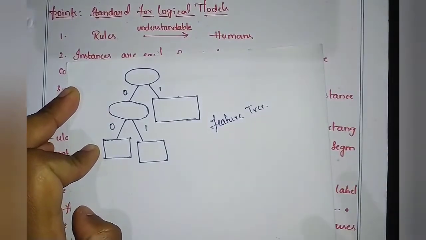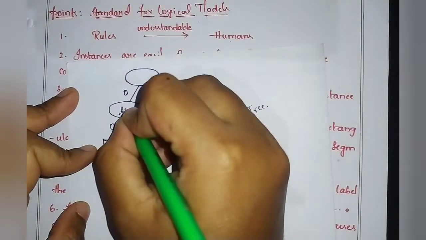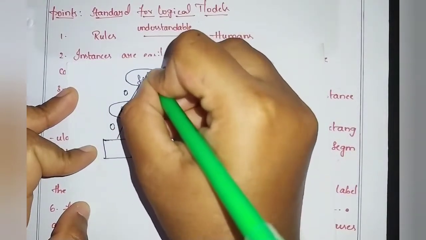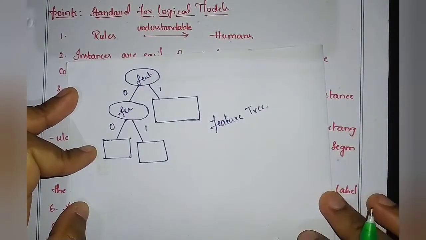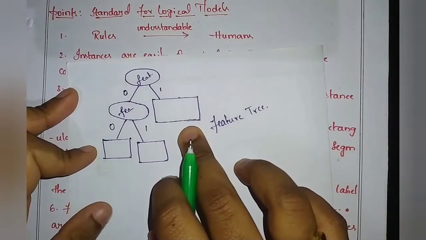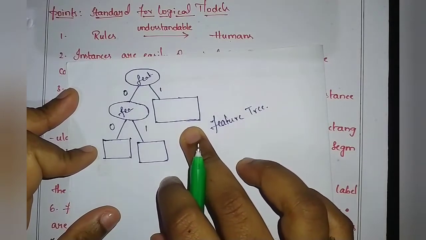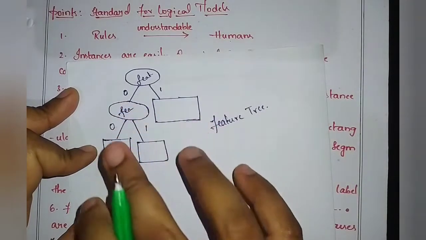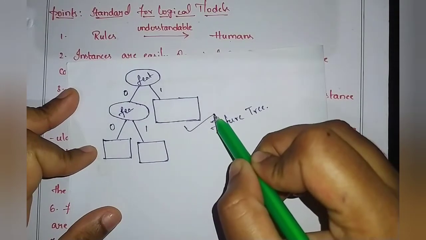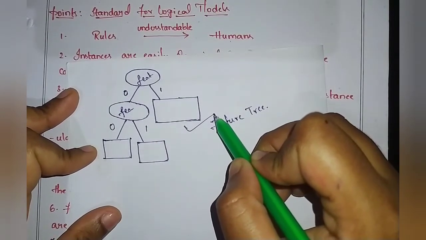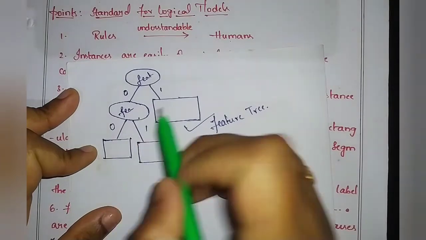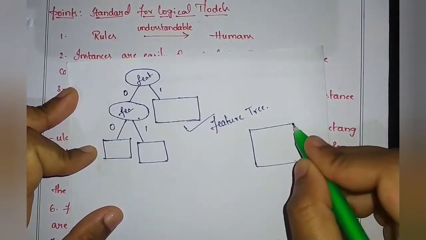These things are known as features. According to this feature tree, we will be giving our instance space. Here these rectangular things are called segments, or simply leaves, and these are known as features. According to these features, we will get an instance space.